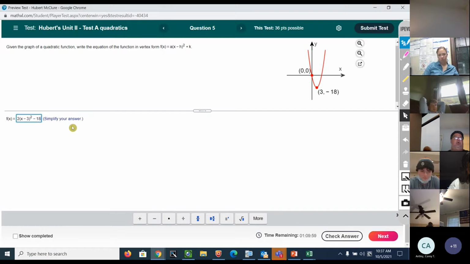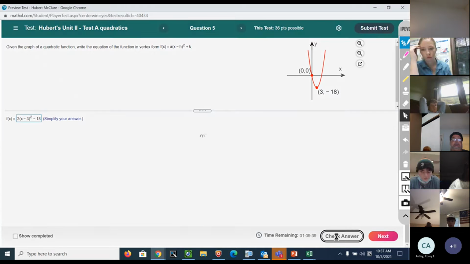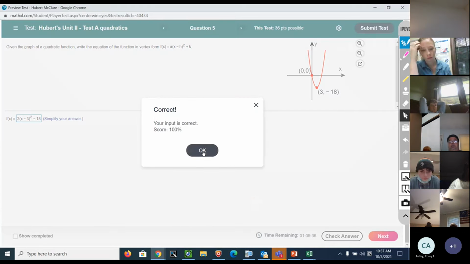Now, if it says it's wrong, they want you to go through and distribute the x minus 3 quantity squared with the shortcut x squared plus 6x plus 9 times 2. Distribute that 2 and then combine the 18 in there. So let's see if they want this. Yep, that's all they want.